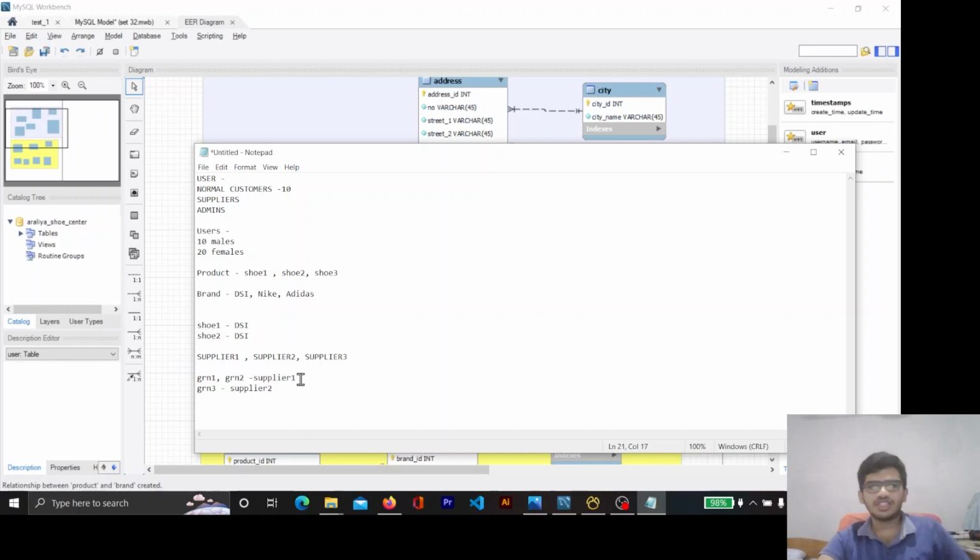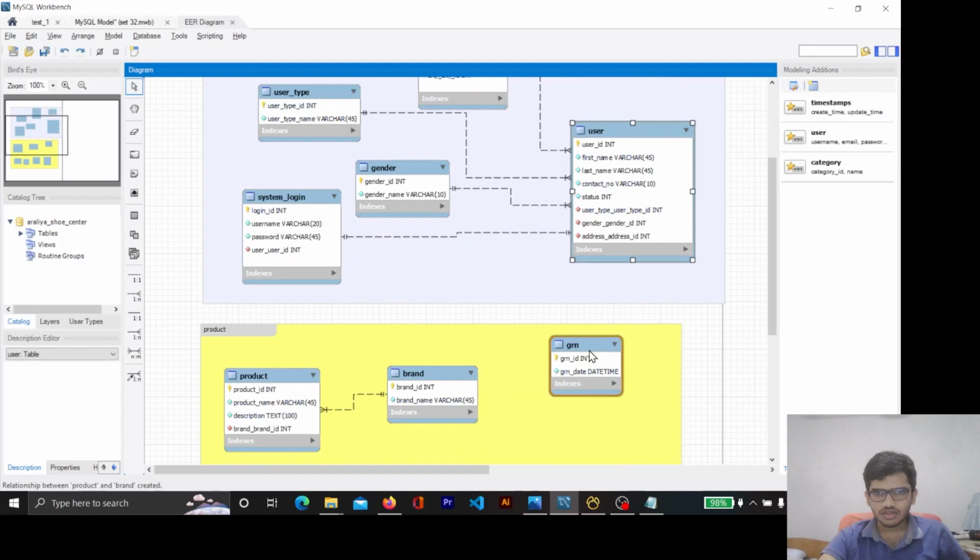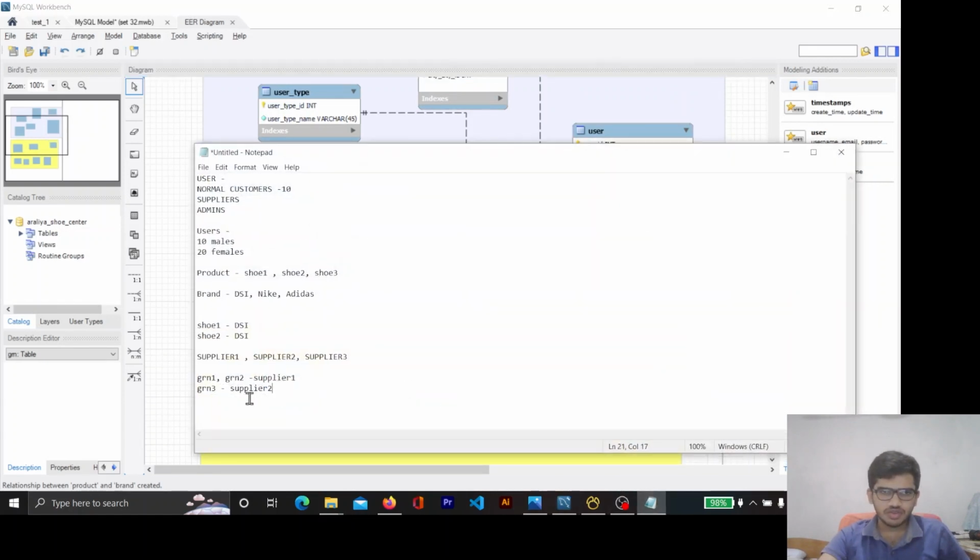If we were to insert details into these tables, suppose GRN1 supplier 1, GRN2 supplier 1.